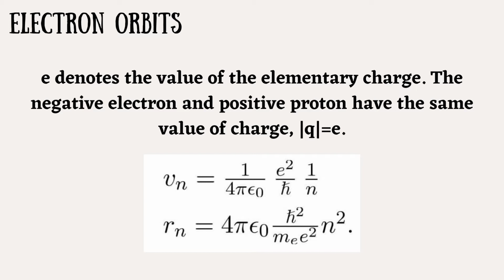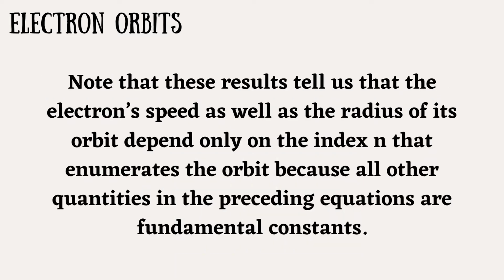When it is combined with the first quantization condition, we can solve for the speed v sub n and for the radius r sub n, where v sub n is equal to 1 over 4 pi epsilon 0 times e squared over h-bar times 1 over n, and the radius r sub n is equal to 4 pi epsilon 0 times h-bar squared over m_e e squared times n squared.